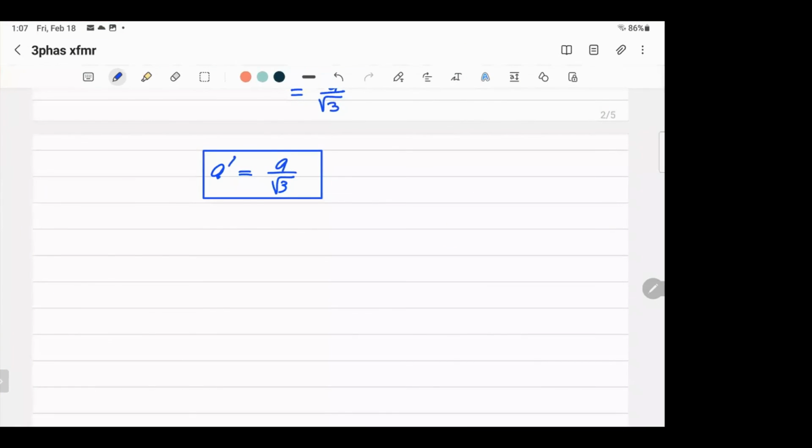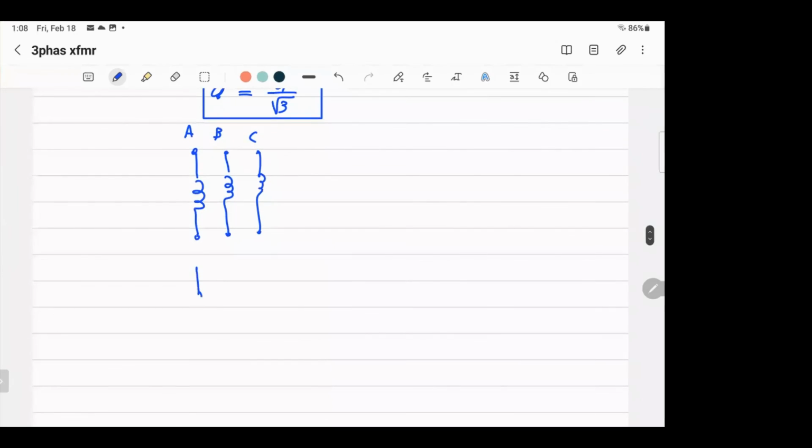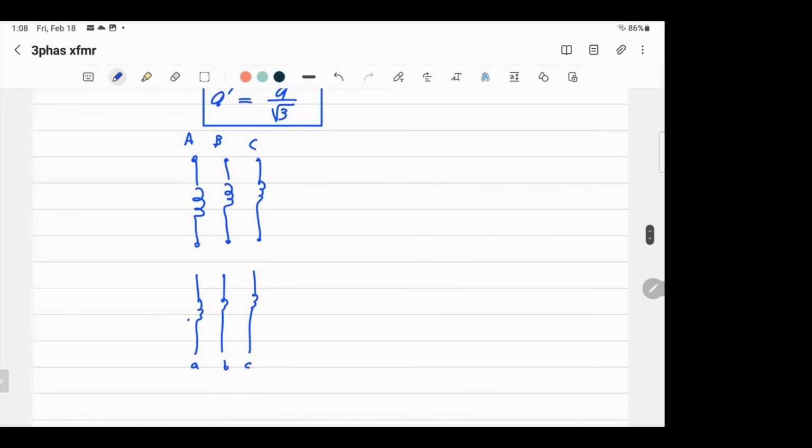We found A, we found A dash. Let me sketch for you; I have only 2 minutes. I will just do the start and continue next time. If you sketch the connection of the transformer as we did, that's A, B, C, and on the other side A, B, C, and the dots as here.